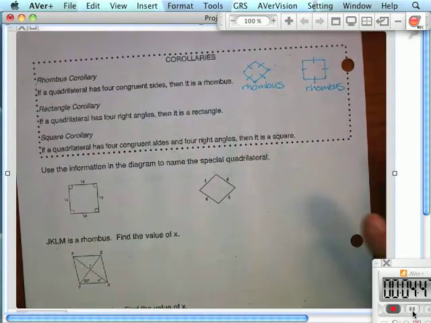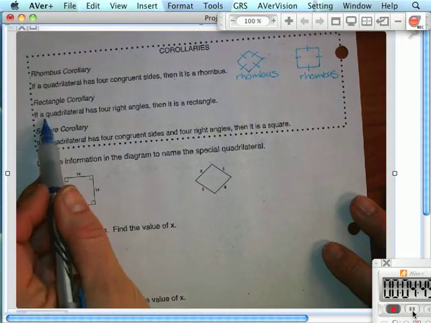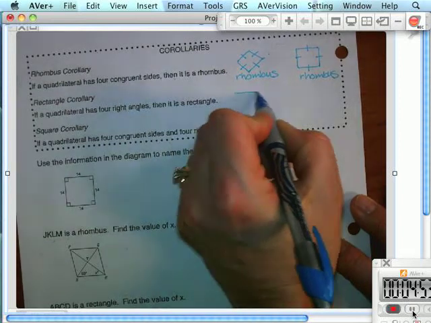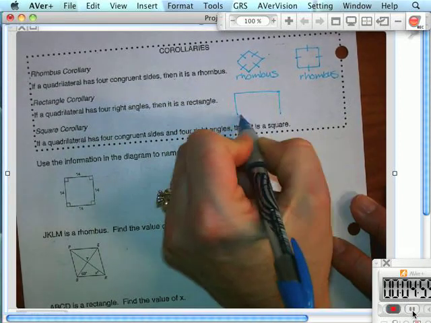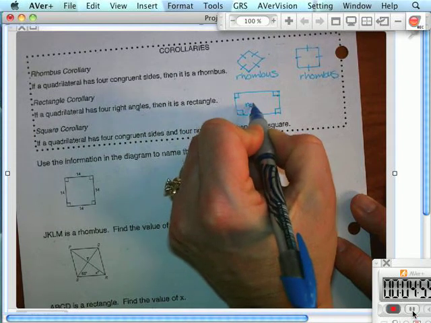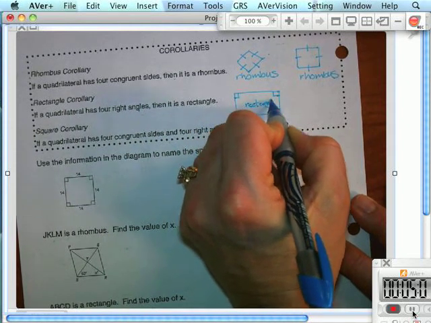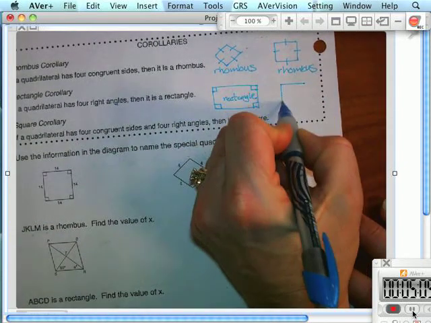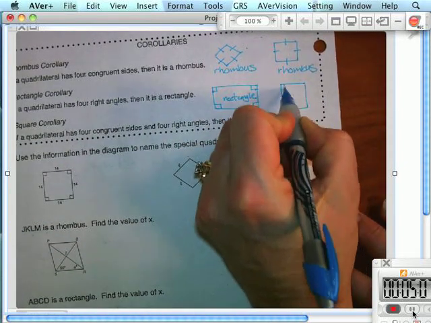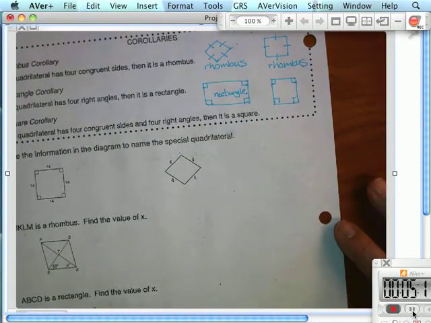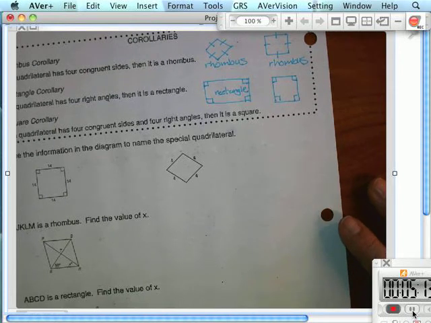All right. Rectangle corollary. If a quadrilateral has 4 right angles, then it is a rectangle for sure. That's a rectangle. They could give you this, and you may be tempted to say it's a square, but you can't, because the only thing you know about are the angles.